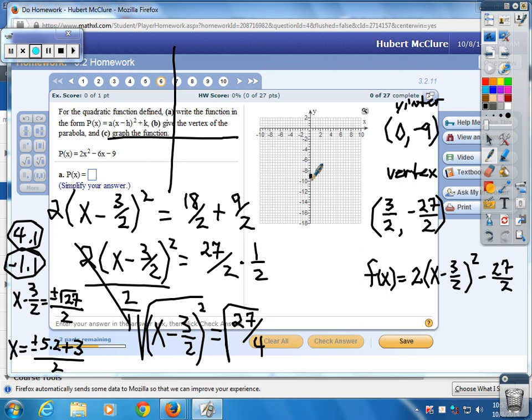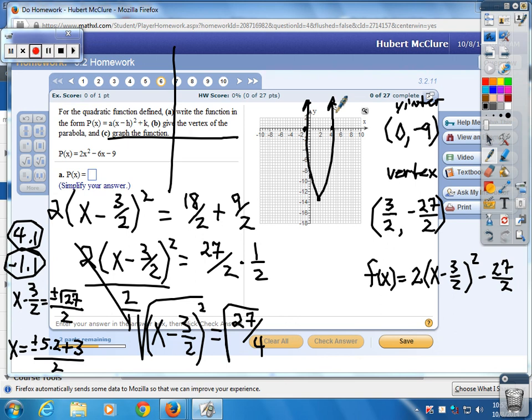So 1 and 1/2, negative 13 and a half, will be somewhere in here. X-intercepts are 4.1 and negative 1.1. Something like that.